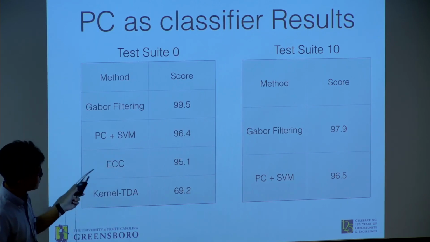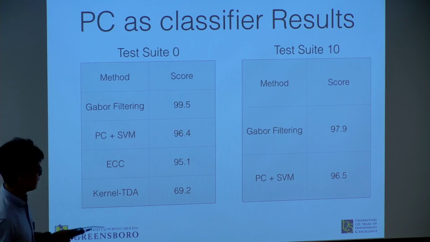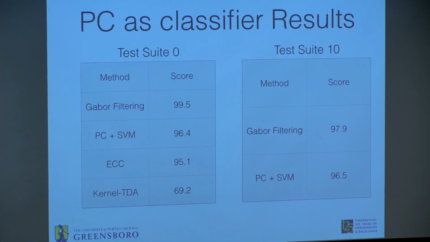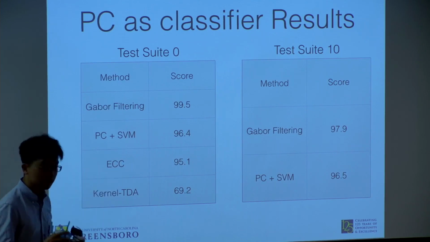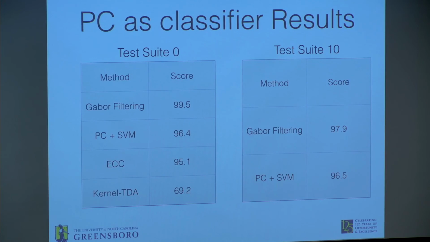I want to make a point here. If we just do the plain ECC, plain Euler characteristic, it will give us like 95% accuracy. What does that mean? Well, that means it's worth studying what ECC might reveal about important characteristics of each texture. Because think about ECC. ECC is very plain and simple.